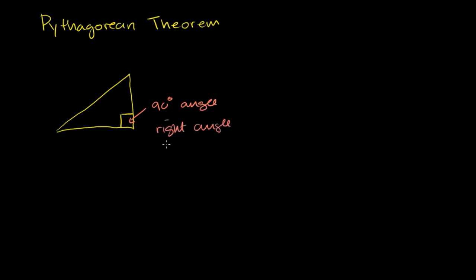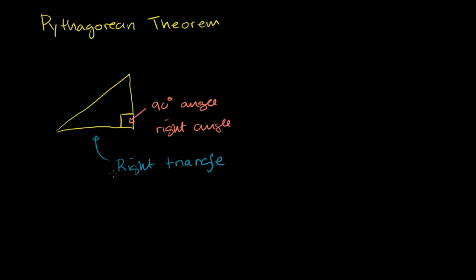And a triangle that has a right angle in it is called a right triangle.